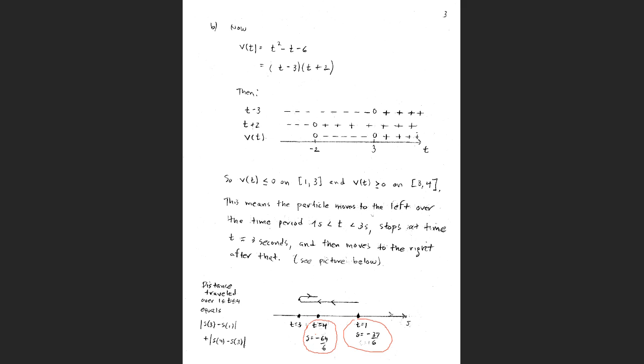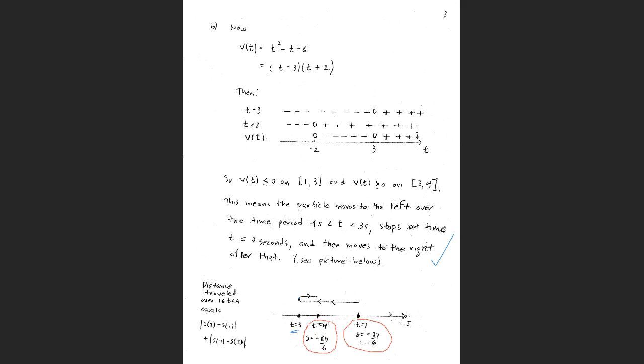What happens after 1 second? The particle moves to the left until time equals 3 seconds, when the particle stops, and then it's going to reverse course and move to the right. That's verified by the velocity function that we looked at above.